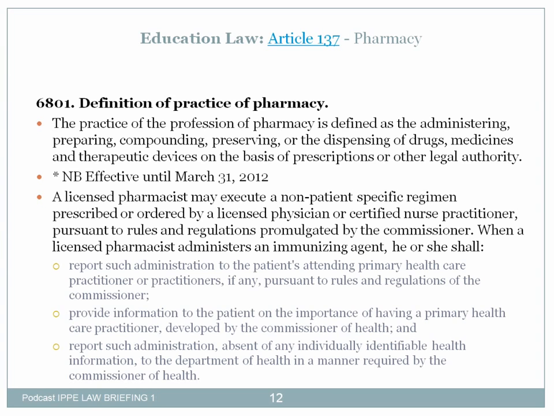When a licensed pharmacist administers an immunization, he or she shall report such administration to the patient's attending primary health care practitioner or practitioners, if any, pursuant to the rules and regulations of the Commissioner. Provide information to the patient on the importance of having a primary health care practitioner developed by the Commissioner of Health, and report such administration absent of any individually identifiable health information to the Department of Health in a manner required by the Commissioner of Health.